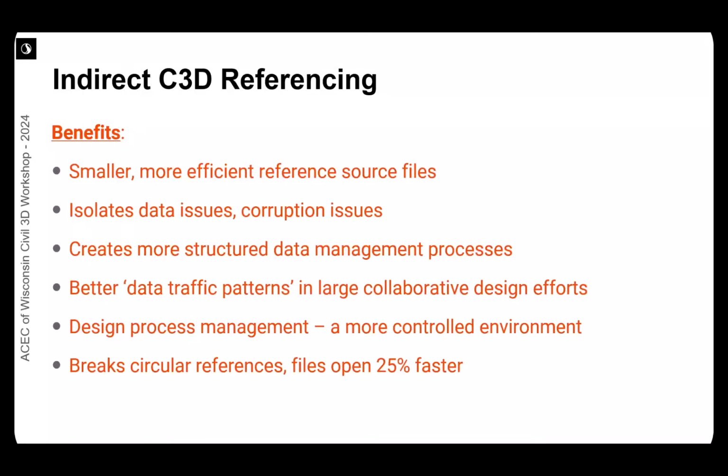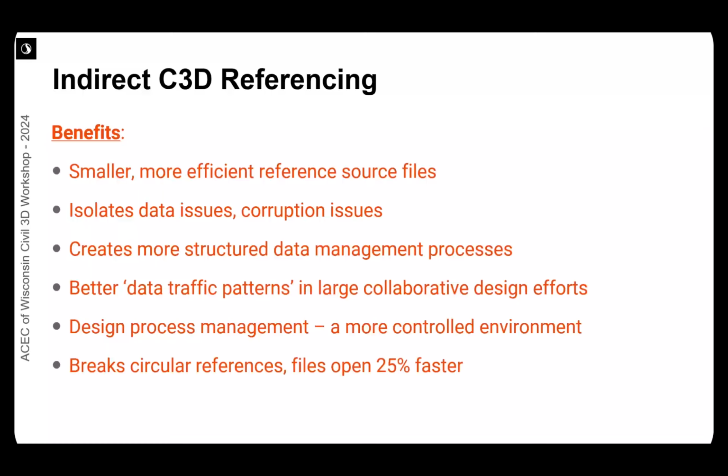Because it's stopping extended data relationships, by nature, it breaks all the circular reference patterns that are embedded in the workflows. So the project teams that told us we need to work this way, this file needs to be referencing that file, and that file needs to be referencing this file, so that these multiple discipline coordination reference patterns can continue to exist in the design process. It solves that problem without having the circular references, which again was another performance gain for us.